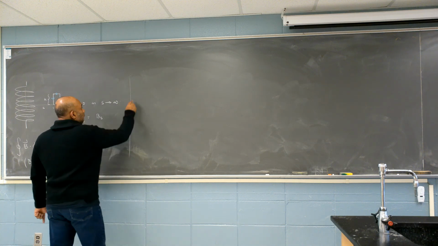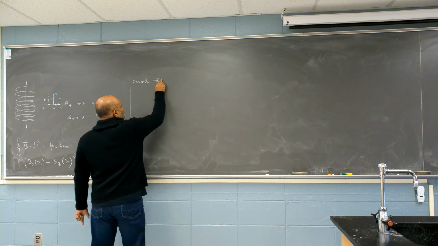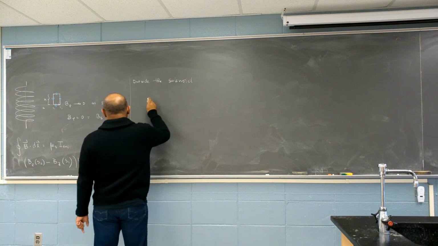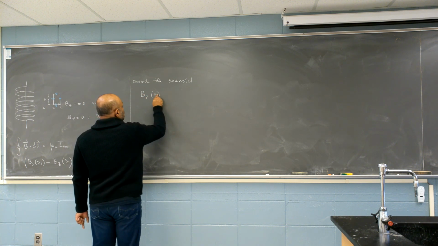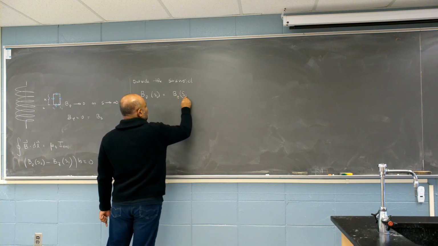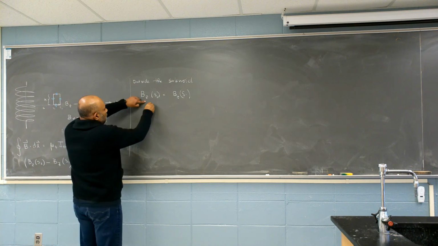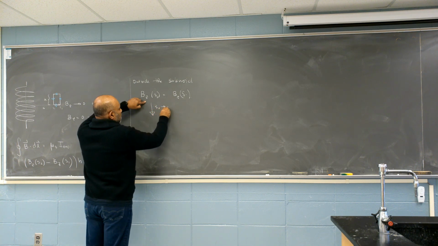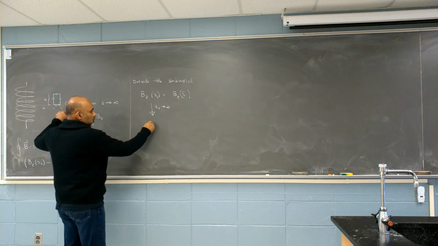So that means outside the solenoid, B_z(s2) equals B_z(s1). Now I let this go to infinity, or that go to infinity, doesn't matter. And we have shown that it goes to 0.